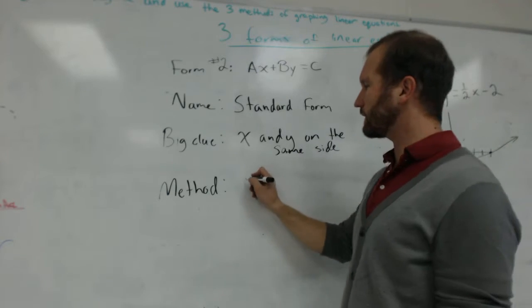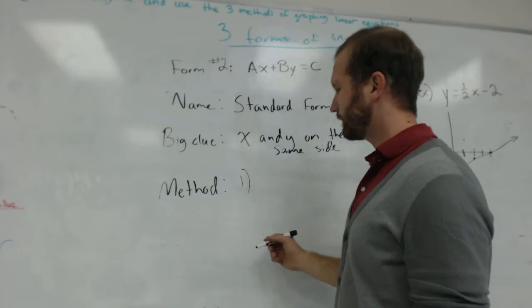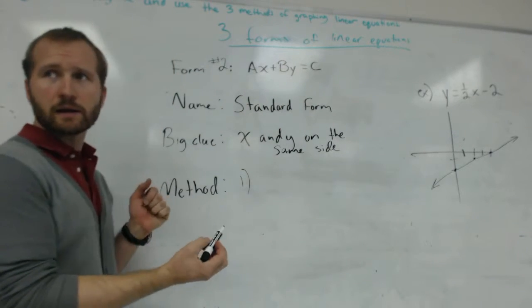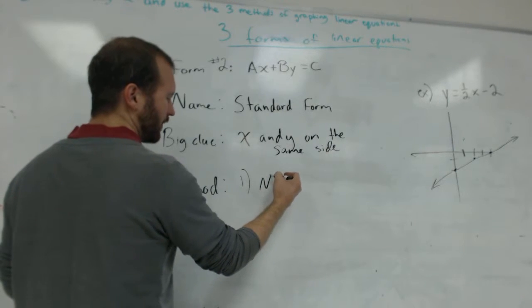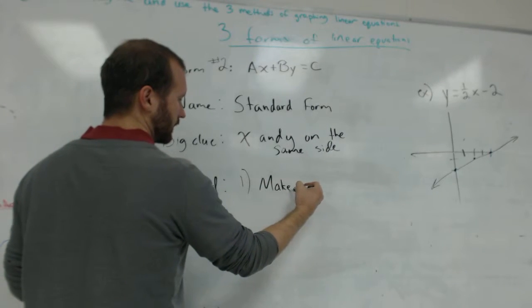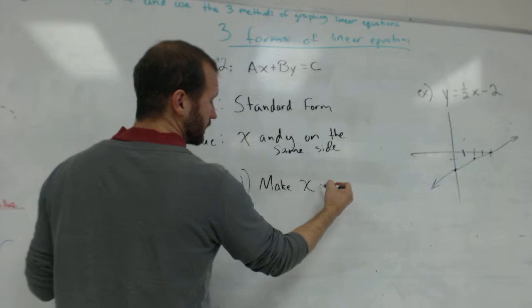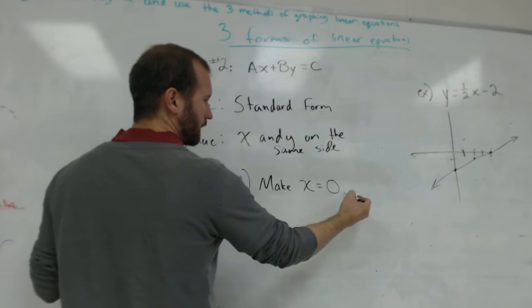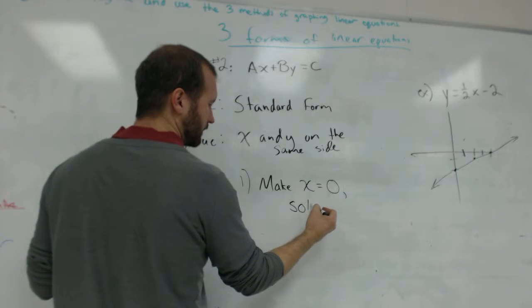Method for graphing this. Step 1. And these two steps can be done in either order. Make x equals 0, solve for y.